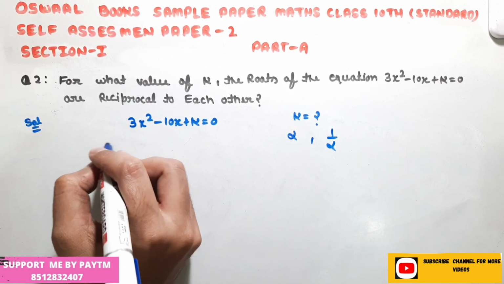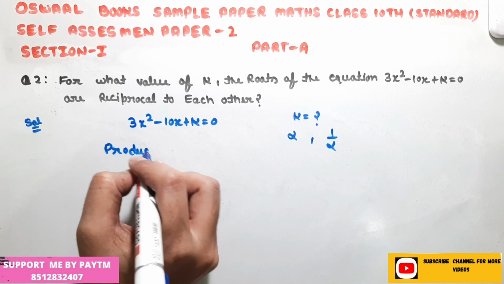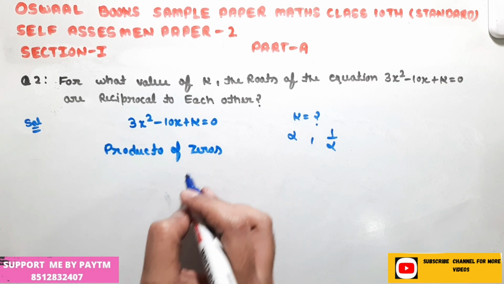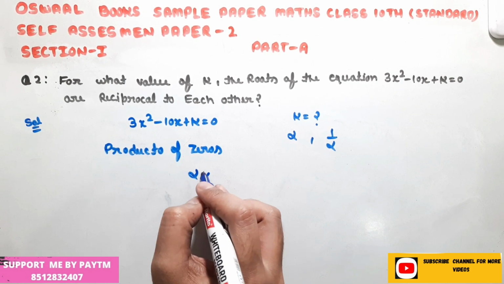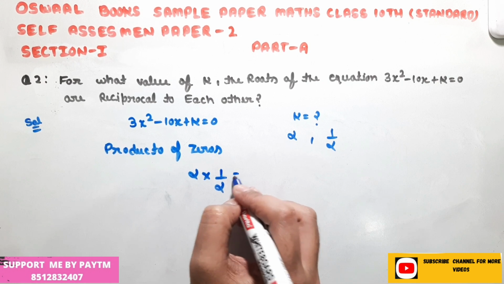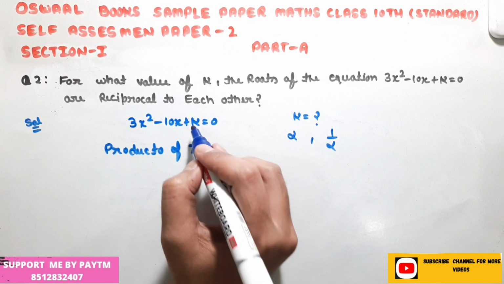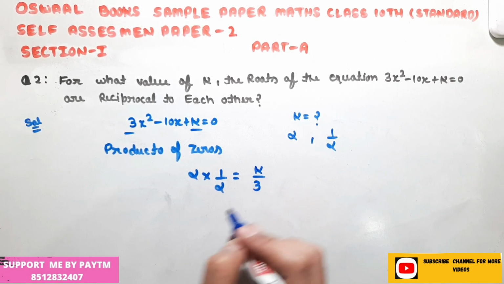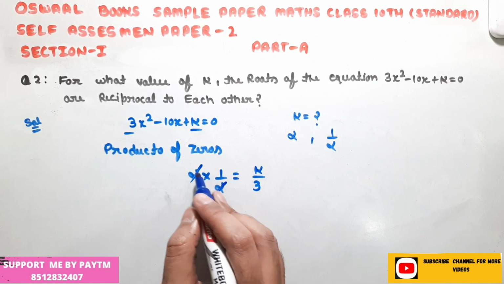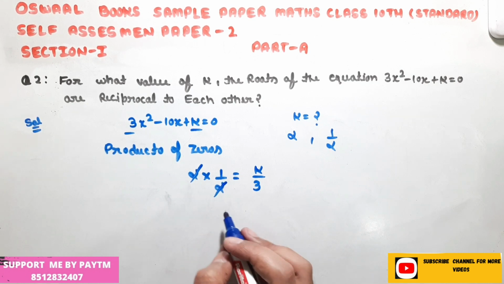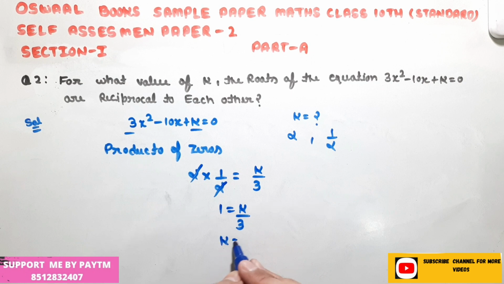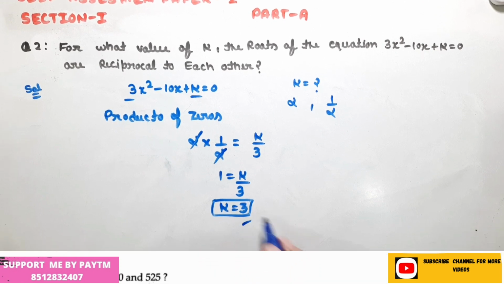So the product of zeros will be alpha into 1 upon alpha, that is given by c upon a, that is k upon 3. So alpha will be cancelled out. So 1 will be equal to k upon 3. So from here k will be equal to 3. This is our answer.